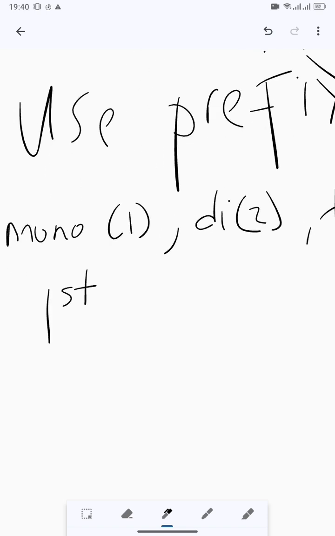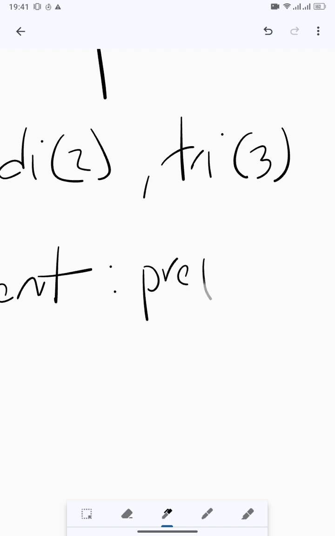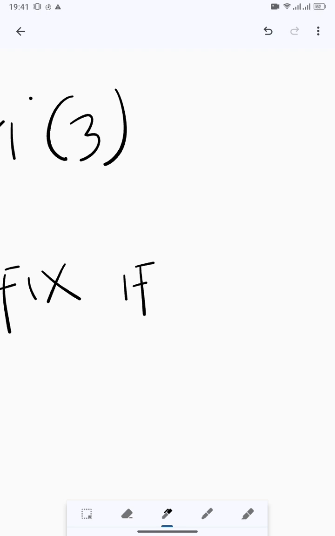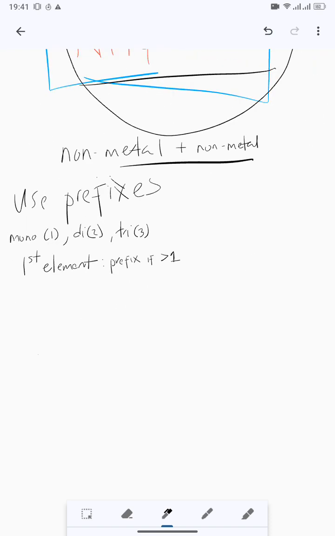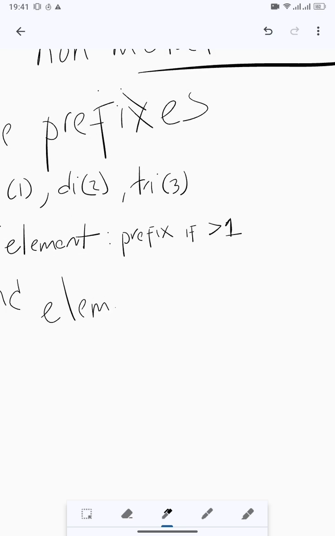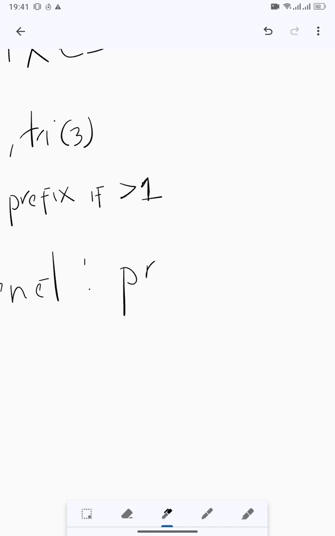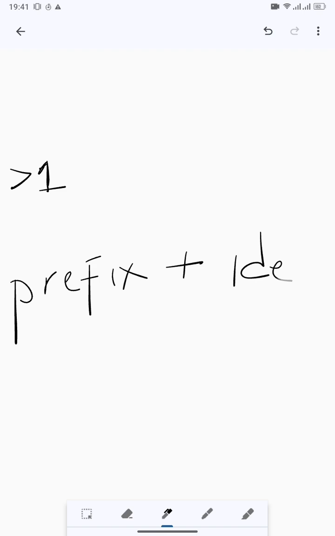For the first element, we put a prefix only if it is greater than 1. I will give you an example. And then for the second element, you add the prefix, and you don't stop there, you add -ide.